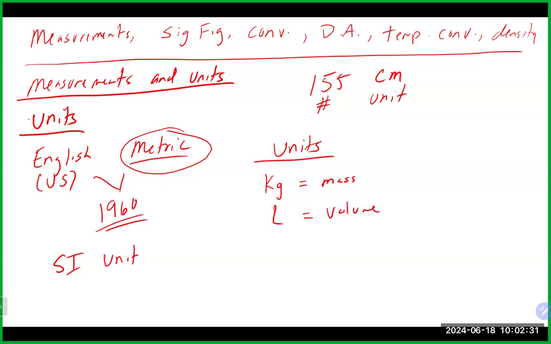And I can't tell you how many people have told me that the volume of their solution is 400 grams, or the mass of their solution is 500 milliliters or something like that. So you want to make sure that you have an understanding of what these things represent. Like the meter is a length, right? Kelvin is a temperature value, right? So you want to make sure that you truly understand those types of things.